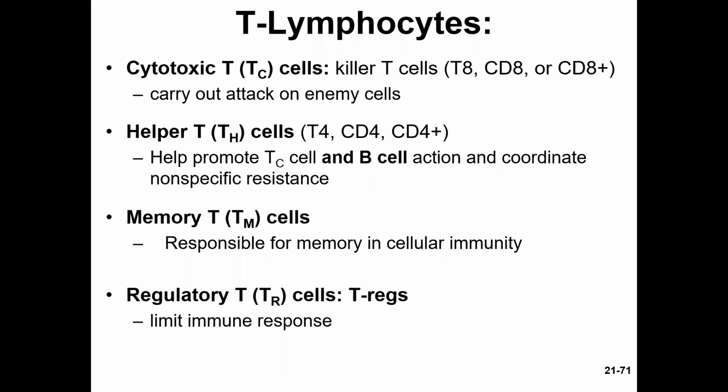These include T4, CD4, and CD4+. These help promote the TC cell and B cell action and coordinate nonspecific resistance. We have memory T cells, or TM cells. These are responsible for memory in cellular immunity. We have regulatory T, or TR cells, or what we call Tregs, and they limit immune response.